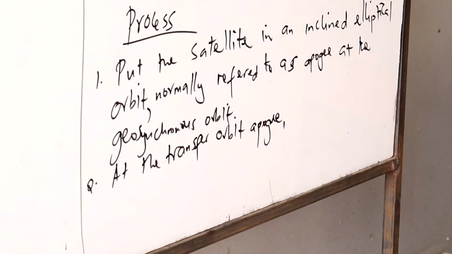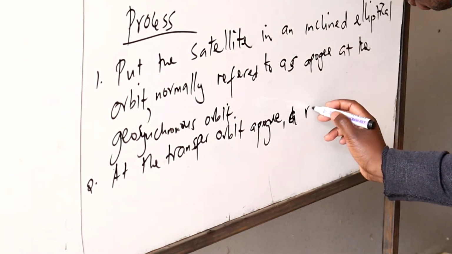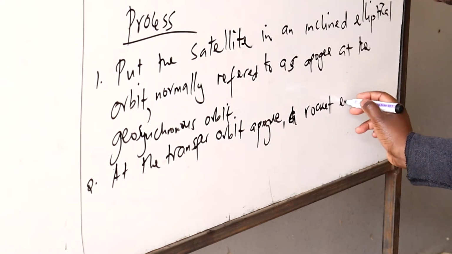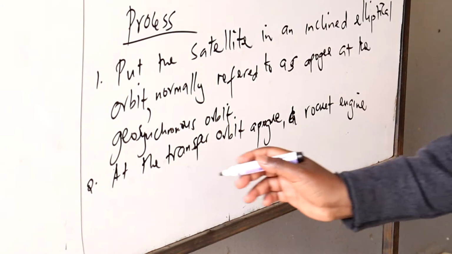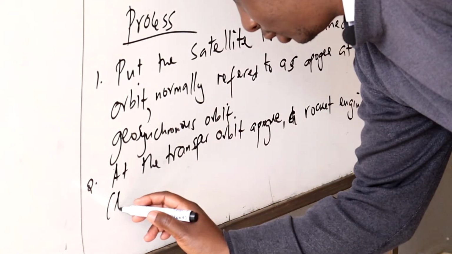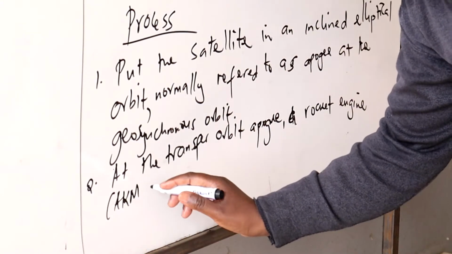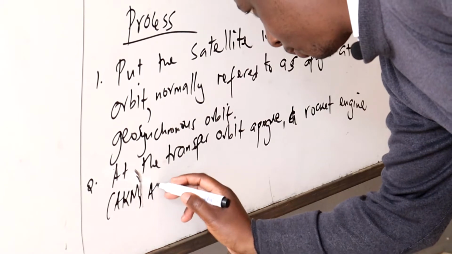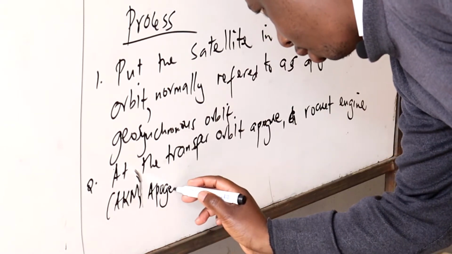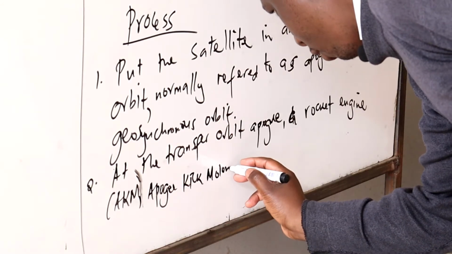Then a rocket engine, which we will refer to as AKM, which stands for apogee kick motor.